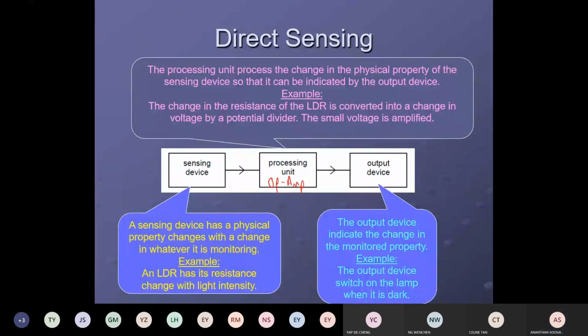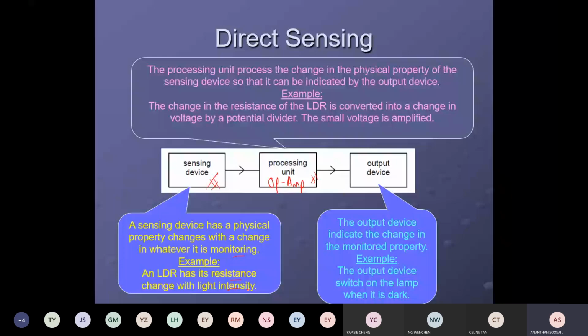So today's lesson is about sensing devices, and we slowly go into the operational amplifier. The sensing device has a physical property that changes with change in whatever it's monitoring, like an LDR, whose resistance changes when light intensity varies.